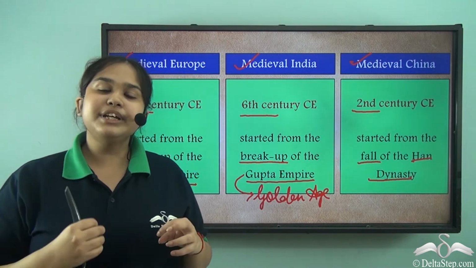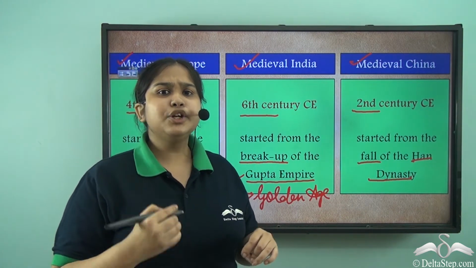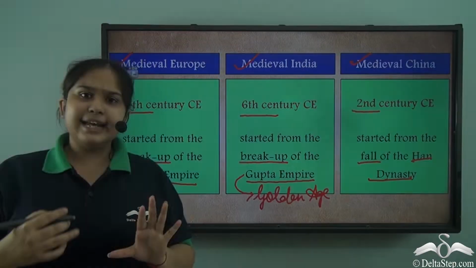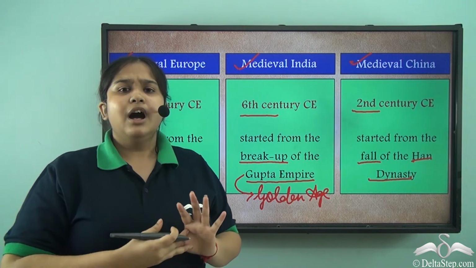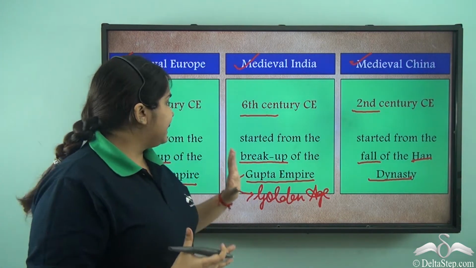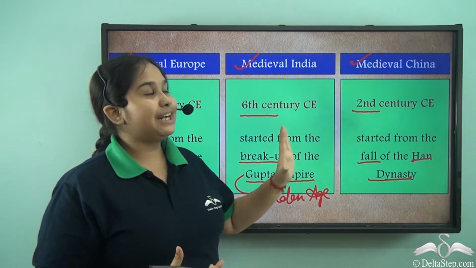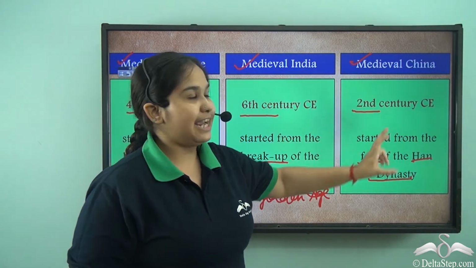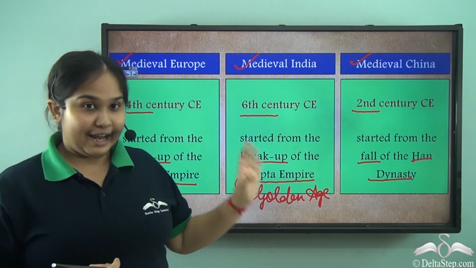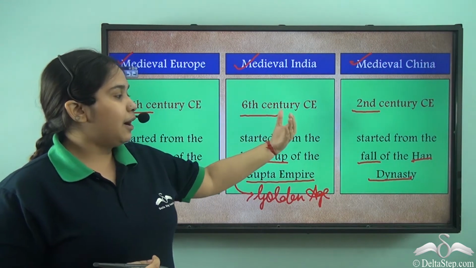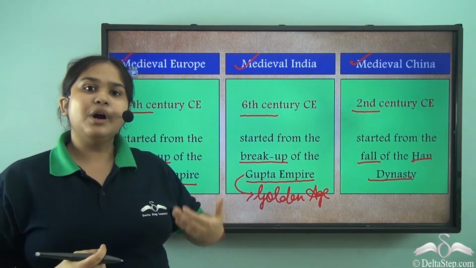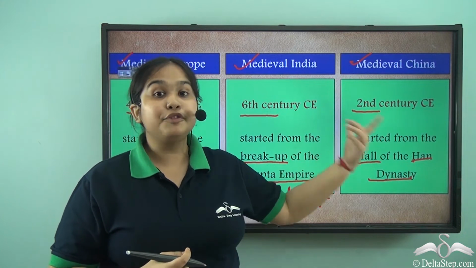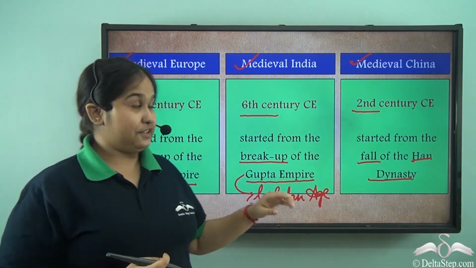So you see how the historians really tried to locate these empires in the sense of their advancements, and then from the point of decline, they stated that the starting of the medieval times was when these empires fell and therefore the society went into a decline and instability till the rise of the feudal lords and various feudatories.